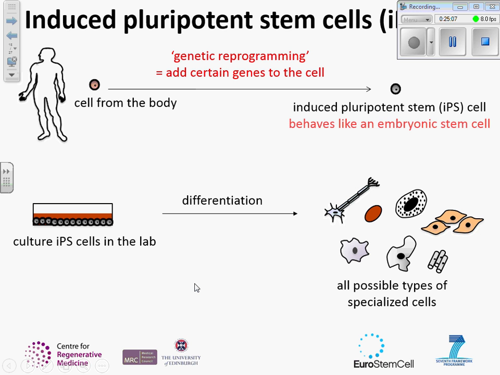There are stories out there, but the potential is epic, really. It's amazing. And the beauty of using these sort of cells, of course, is you don't need embryos, which has got to be an ethical bonus, doesn't it?